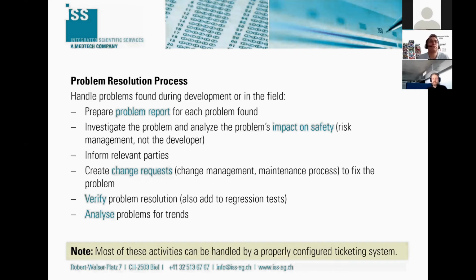Are you suddenly, or over time, getting more bugs? Maybe you have new developers, or you have a stressful situation that overtaxes them. Analyze the problems for trends to figure out if there's a greater underlying problem. And pretty much all of these activities can be handled by a properly configured ticketing system. At least that's how we do it.